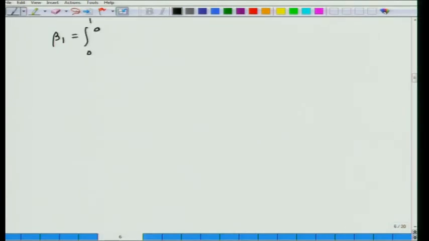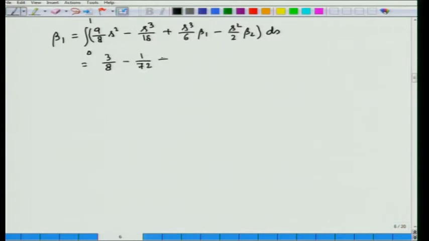0 to 1 of 9/8 s square minus s cube divided by 18 plus s cube divided by 6 beta 1 minus s square by 2 beta 2 ds, and this will be equal to 3/8 minus 1/72 plus beta 1 by 24 minus beta 2 by 6.